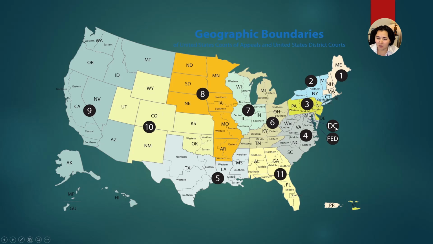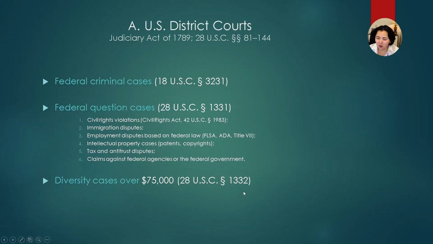Large states have multiple districts, for example, California 4, New York 4, Florida 3. Small states have only one. District courts also exist in Washington, D.C., Puerto Rico, Guam, the Northern Mariana Islands, and the Virgin Islands. The total is 94 federal judicial districts.